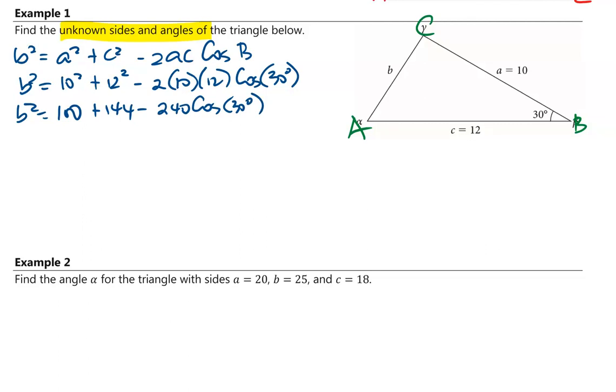To solve for B, we take the square root of both sides, so B is equal to 6.013.